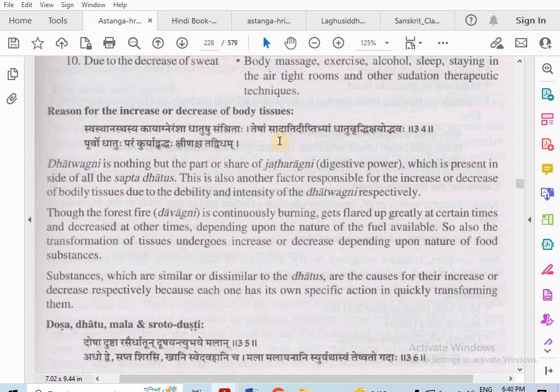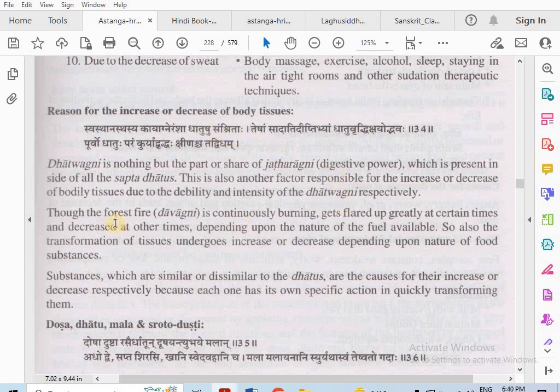As per the debility and intensity of these Dhatvagni, Dhatu Vruddhi Kshayodbhava. Vruddhi means increase of Dhatu and Kshaya means decrease of Dhatu. Udbhava means occurred. So, how Dhatu Vruddhi occurs, how Dhatu Kshaya occurs? Due to this debility and intensity of these Dhatvagni. Clear?